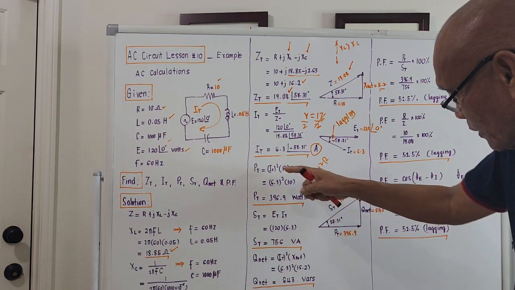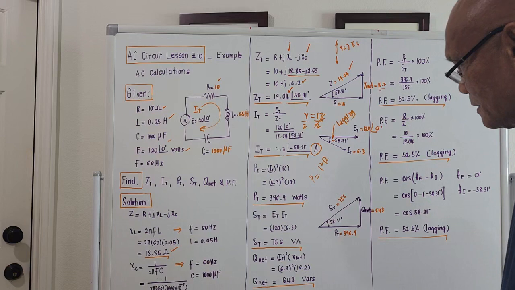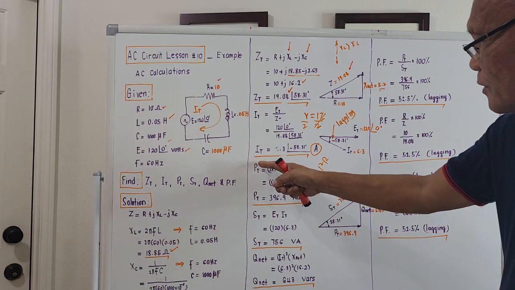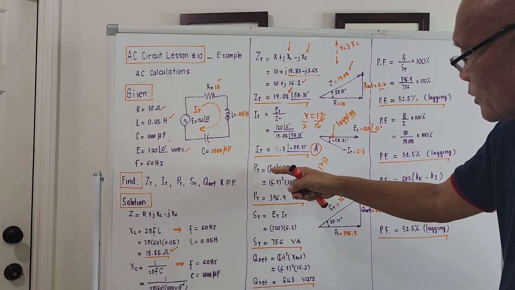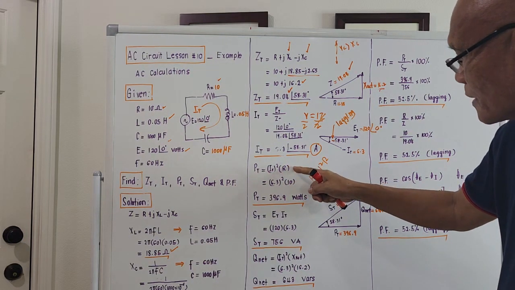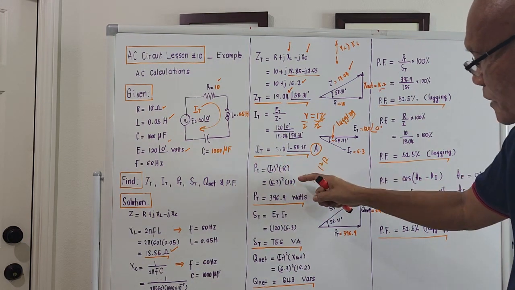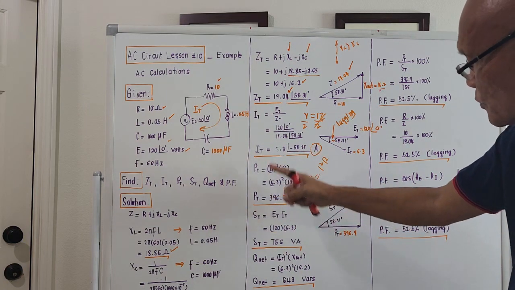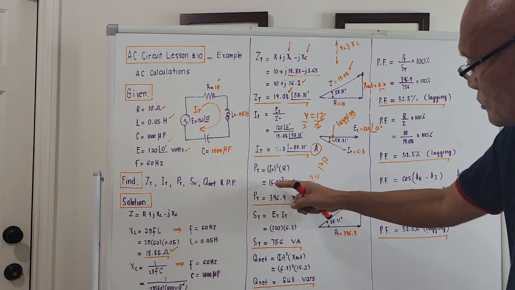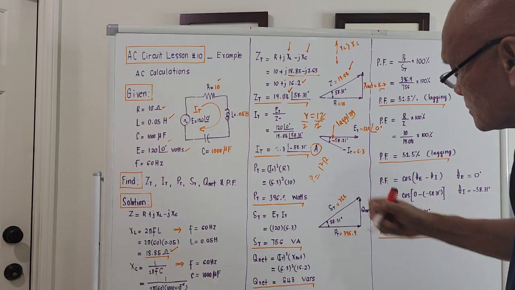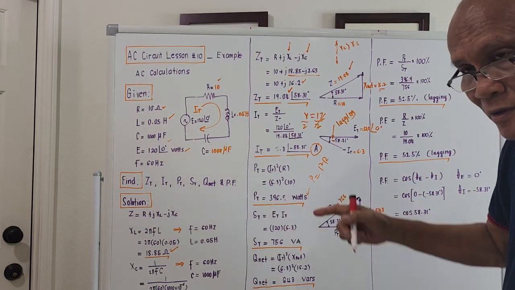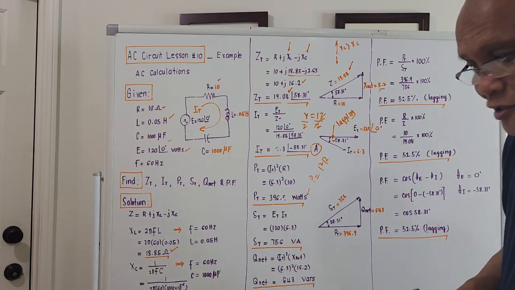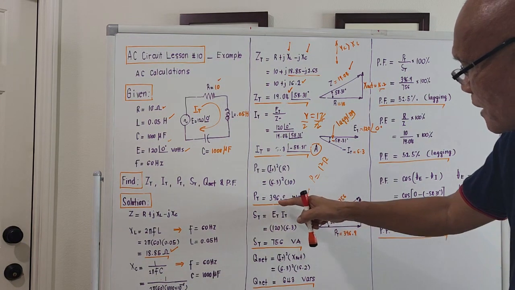So it will be the square of the current multiplied by R. We are only after the magnitude of true power, so we take only the absolute value of total current and the absolute value of R. 6.3 square times 10, that will be almost 400 watts. 396.9 watts.